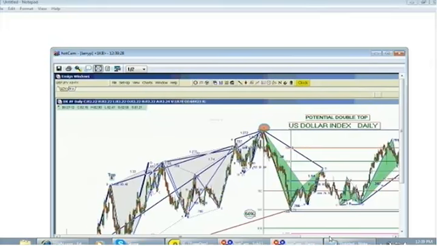Now, the first support that we're looking at in the dollar index is going to come in around the 82.84 level, and we're about 40 to 50 pips from that. And that will be equivalent to the euro at about the 131.50 to 132 level. That's what we'd be watching in the euro. So that I think is very, very important.